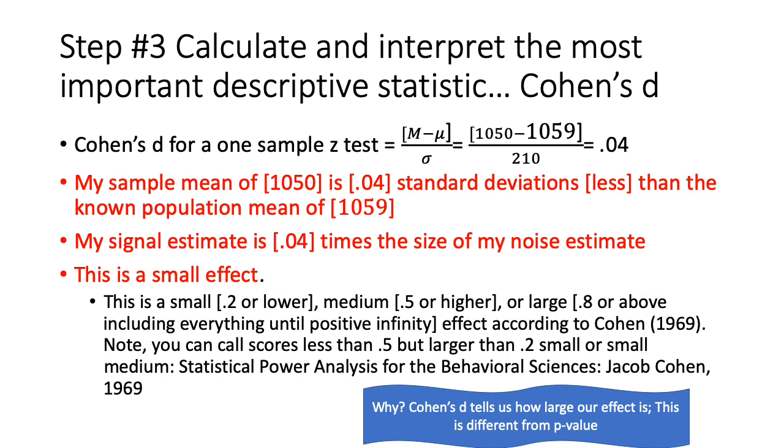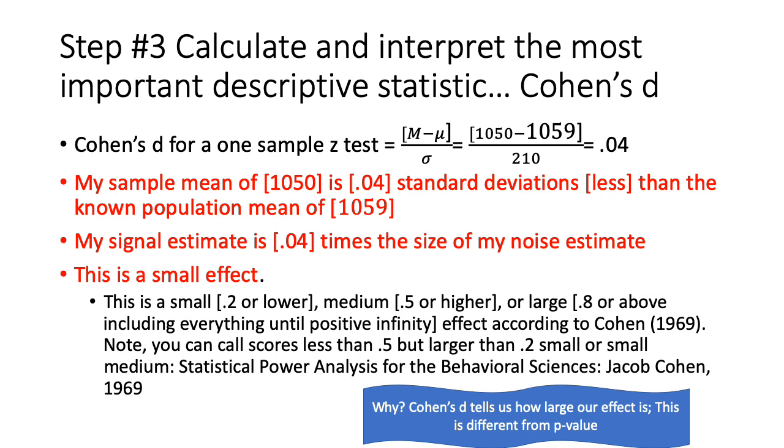Our third step is to calculate and interpret our Cohen's d. Now for a one sample z-test, the Cohen's d equals the sample mean minus the population mean divided by the population standard deviation. In this example, that is just simply 1050 minus 1059 divided by 210.